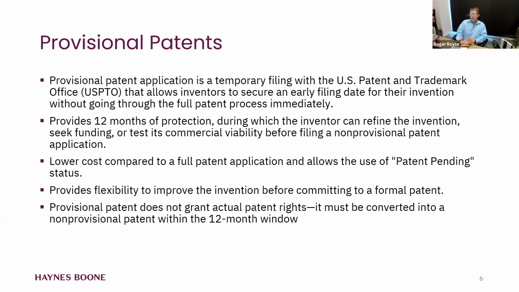Because if you get in a war with somebody over patent rights, filing date is essential. For at least the last several years, we have a first to file system. So people will want to get that provisional filed as soon as they can, and then they've got 12 months in order to refine and file their non-provisional application.